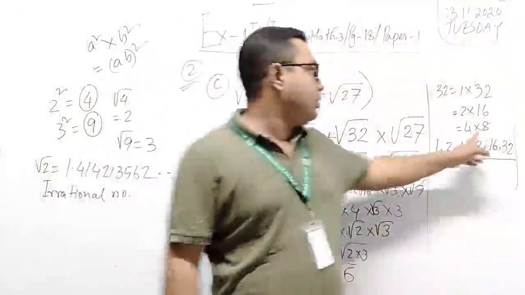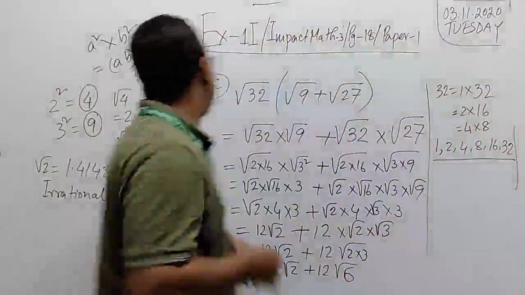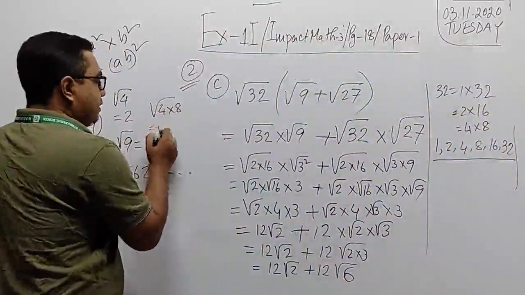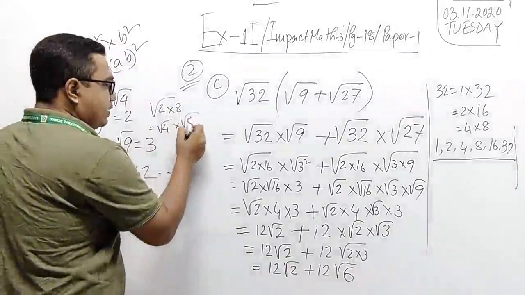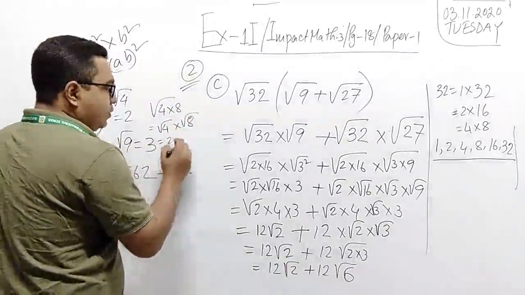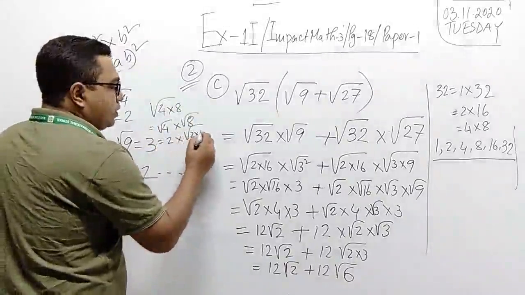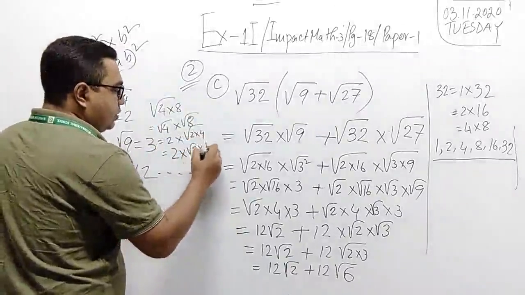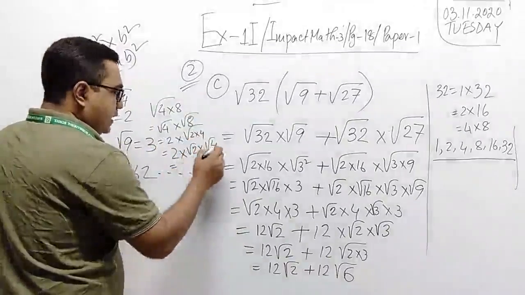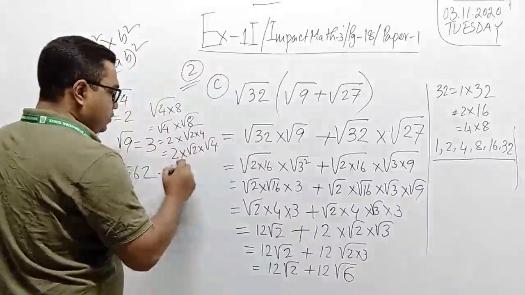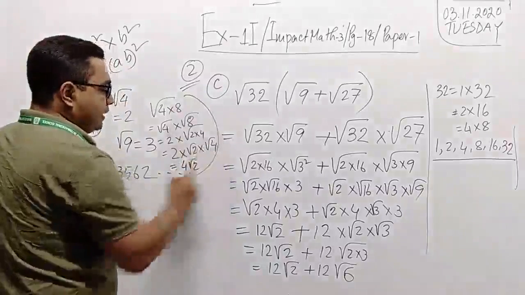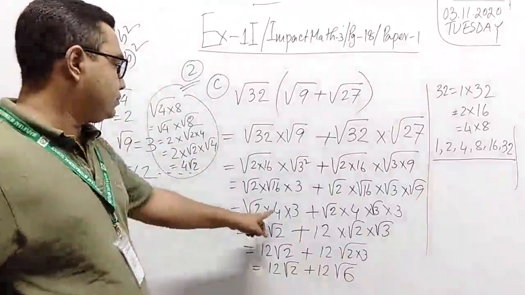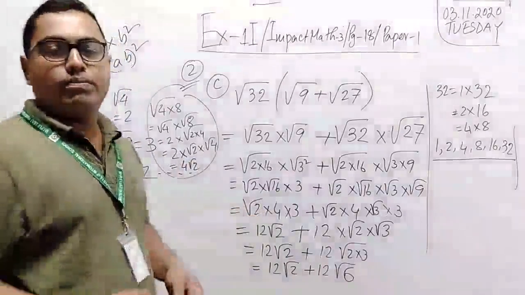Again, you have to make here the square root of 8, where you will find 2. Then 2 into square root of 2 into square root of 4. From there 2 and 2, then 4 square root of 2. Here directly you are getting 4 square root of 2.